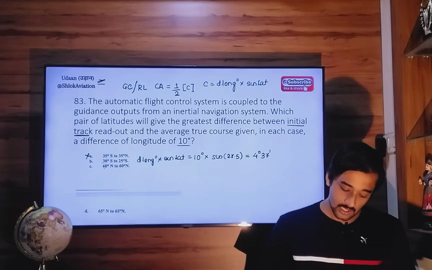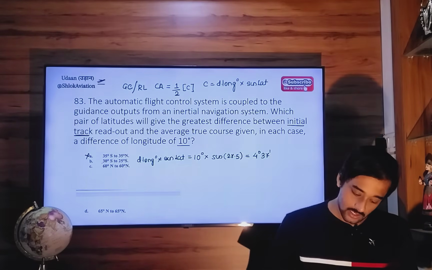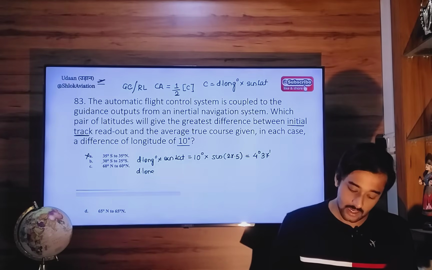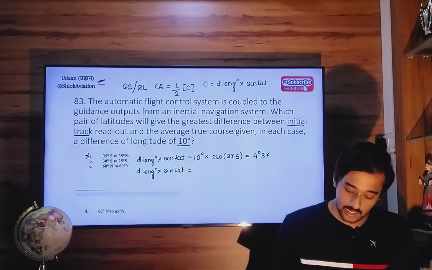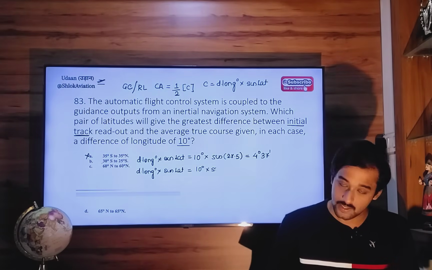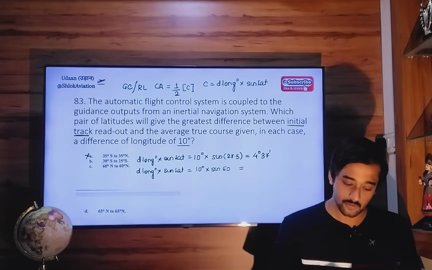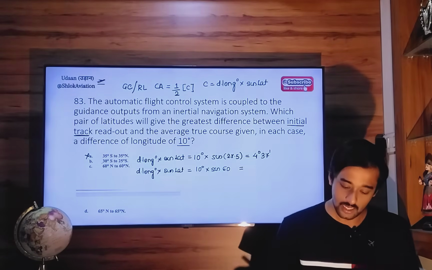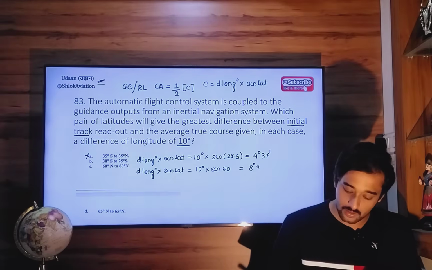Okay. Next, 60 north and 60 north. Again d long in degrees into sine of latitude. So 10 degrees into sine of 60 is equal to 8 degrees 39 minutes.